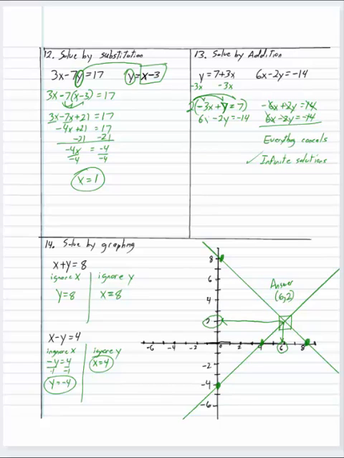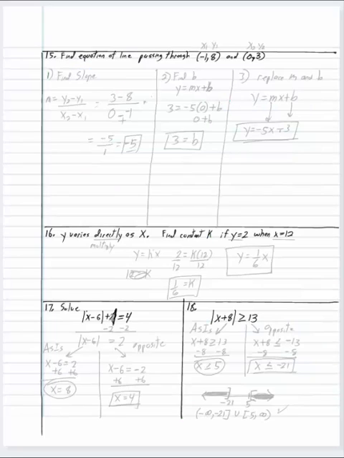Number 15. We would like to find an equation of our line, but they just give us 2 points. So step 1 we will have to find the slope. And it uses the formula y2 minus y1 over x2 minus x1.